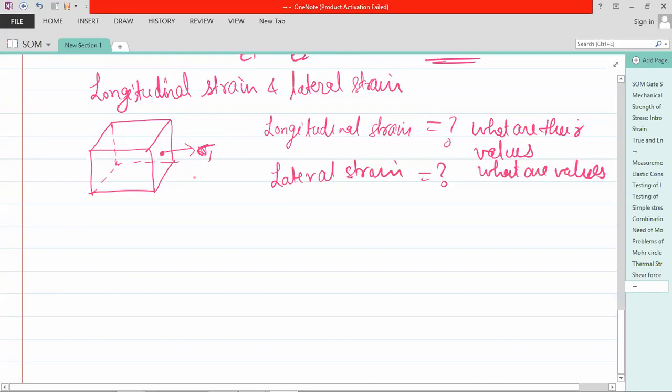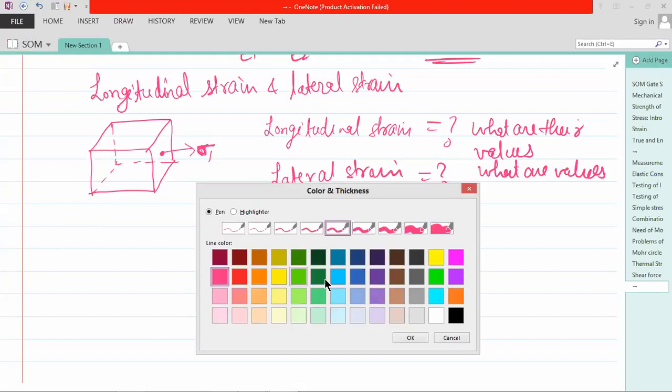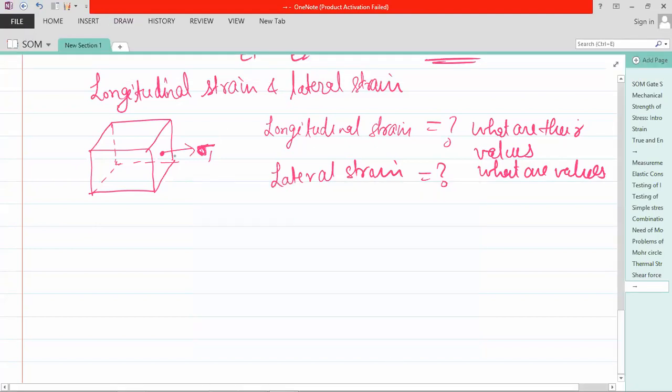Now please follow me because it is going a little into 3D, so if you miss it you will end up confused. Suppose this is sigma 1. In the direction of force there will be a longitudinal strain, that is the change in length. Hence, it has only a single direction.